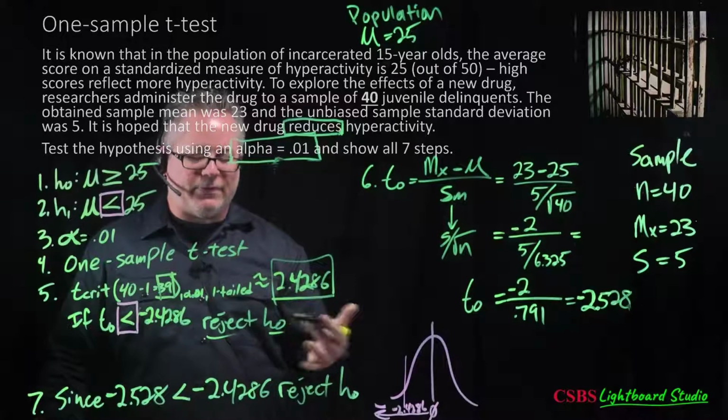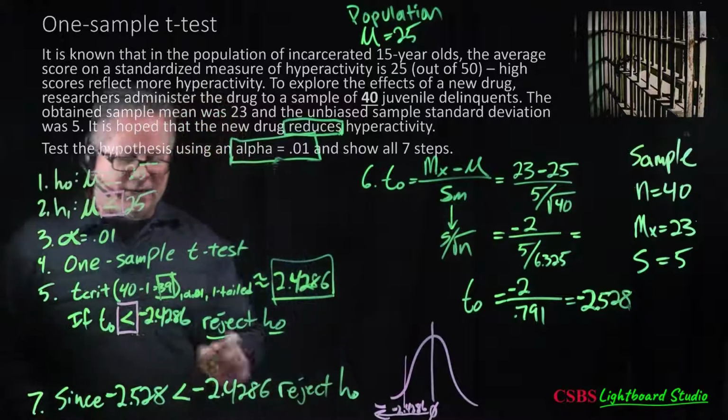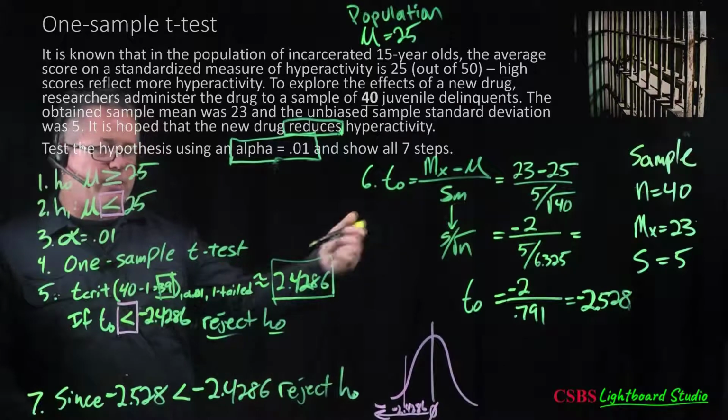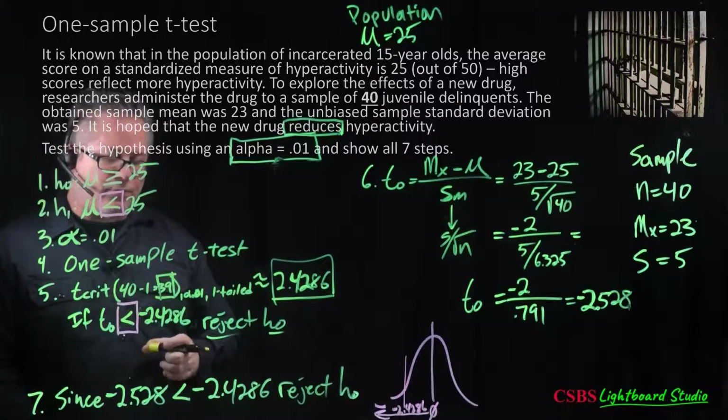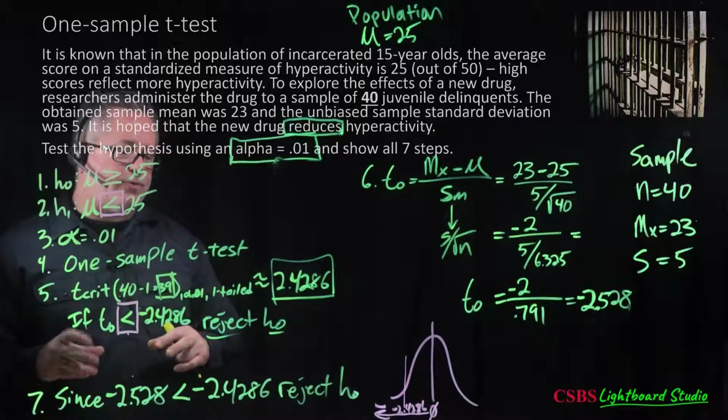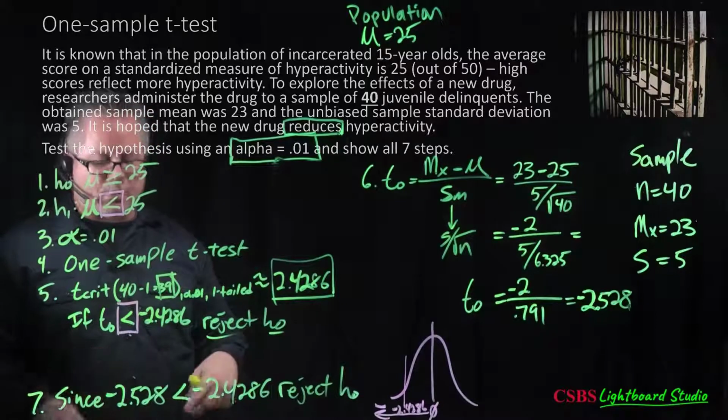So we can feel safe that because we rejected it at 38 degrees of freedom, we would also reject it at 39. Or 40 or 41 or any other larger degrees of freedom. So that's sort of the logic behind it. We don't have to actually do any interpolation between the values. Just find the larger of them. If it works for the larger one, it'll work for that one as well.